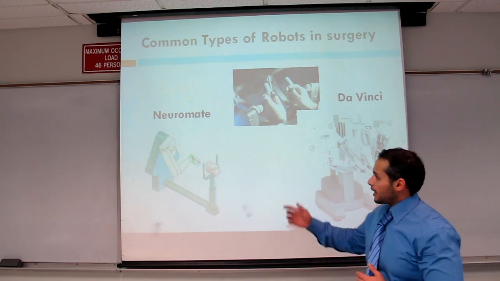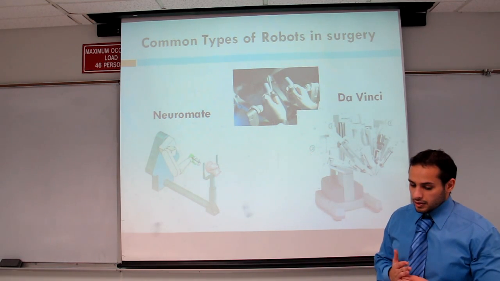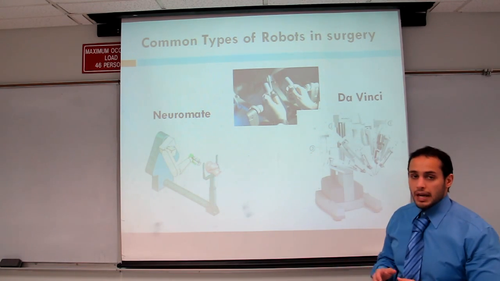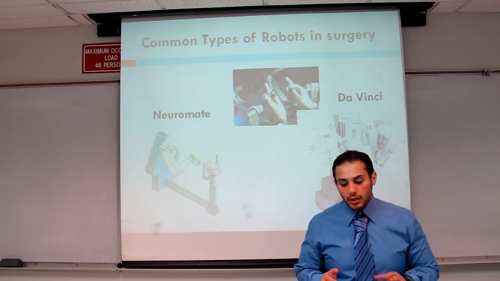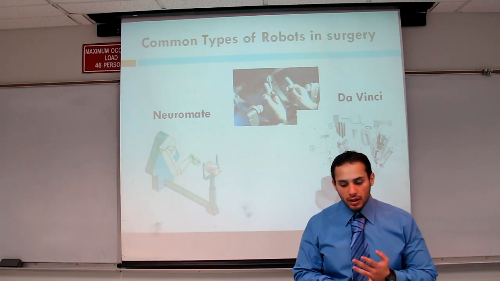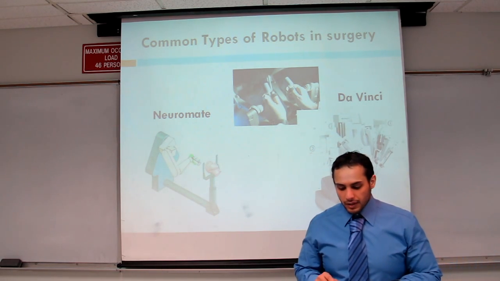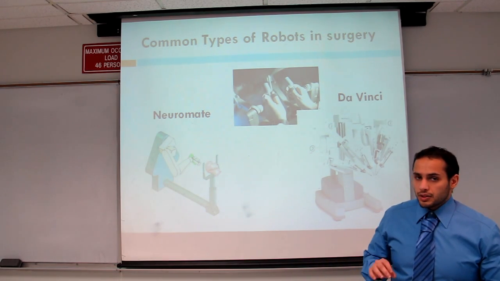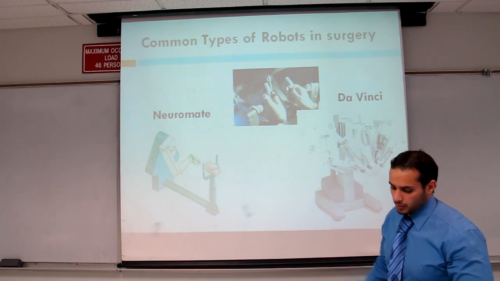Now we're going to talk about another type, the NeuroMate. It is another image-guided system that uses an anatomical landmark for manual registration. The function of the NeuroMate is to determine the location of the insertion of a drill, probe, and electrode based on the pre-operative images of the neurosurgery. Renishaw, one of the world's leading engineering technology companies, dominated the production of the NeuroMate robot.